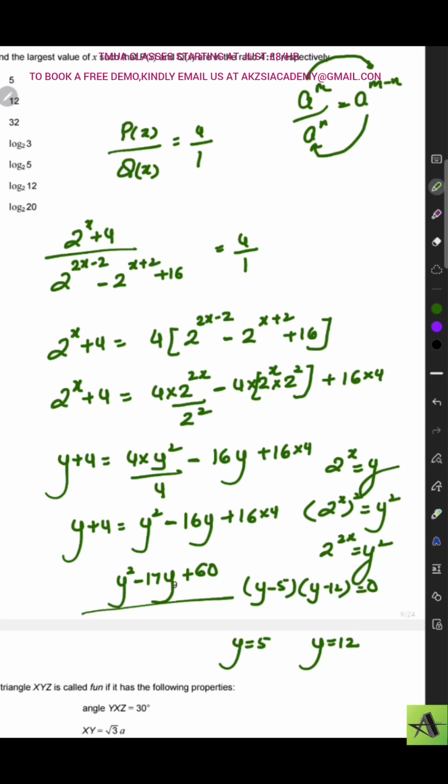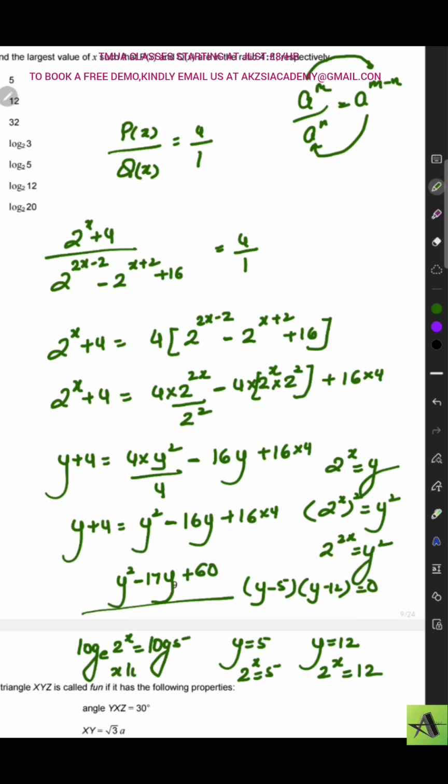y is 2 to the power of x. So 2 to the power of x equals 5, or 2 to the power of x equals 12. In order to find the value, take the log to both sides. It will give me log base e of 2 to the power of x equals log 5, or bring out x here.